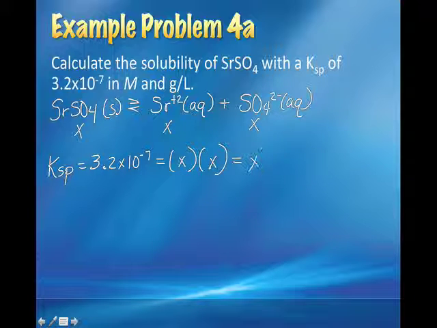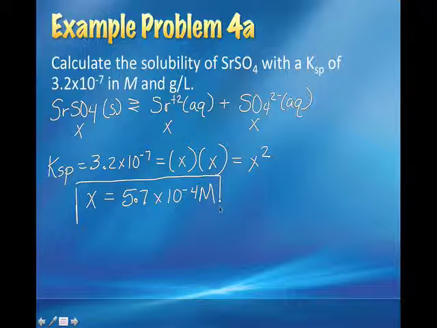So that is X squared. All I do is take the square root of both sides, and I find that X is 5.7 times 10 to the negative 4th molar.